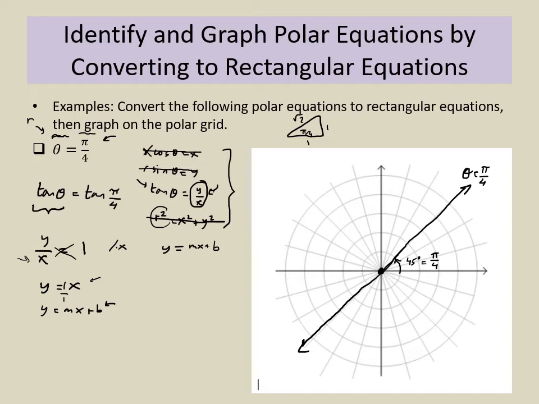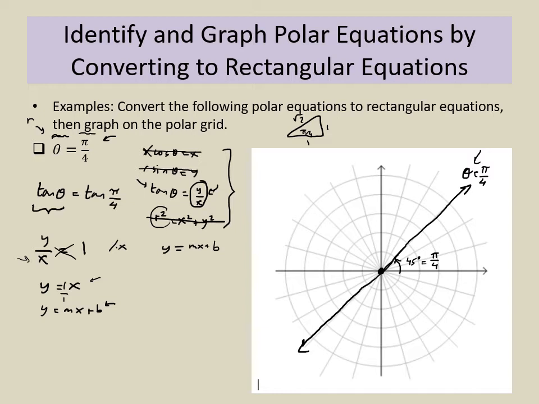Now notice that this is easy in polar coordinates because this here is exactly that. That's the angle, pi over 4, right? So let's say I want to graph theta equals 3 pi over 4.